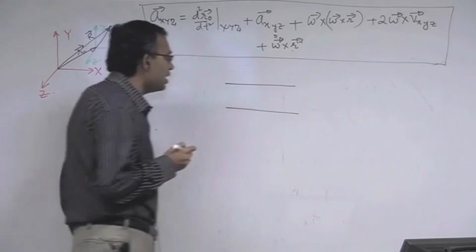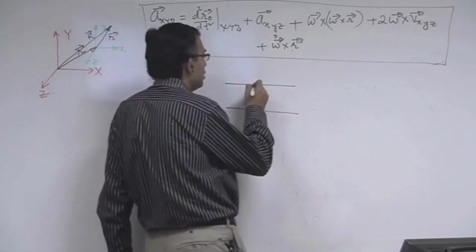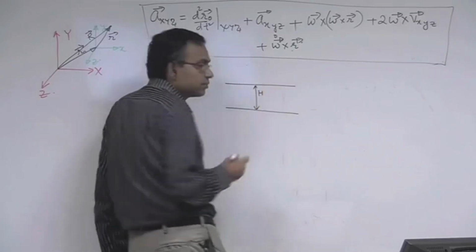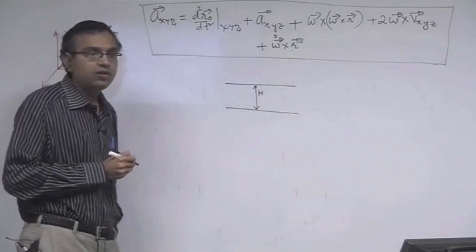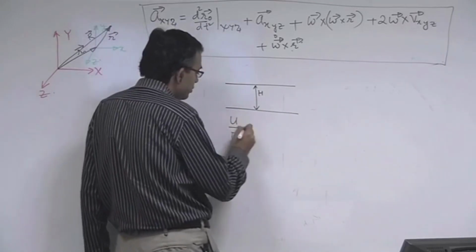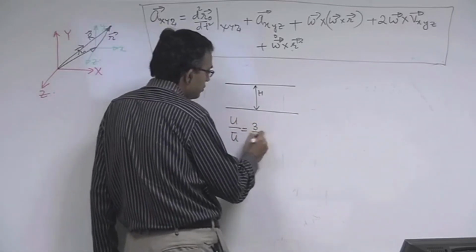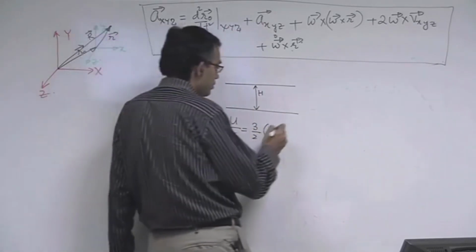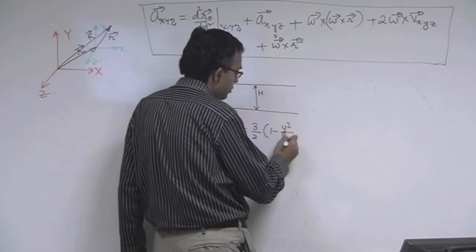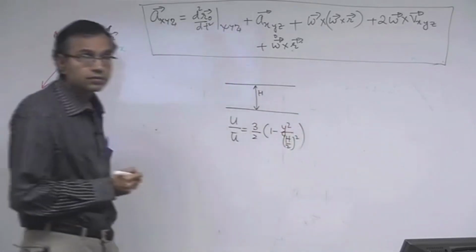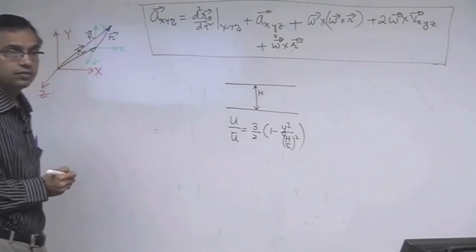So if there is a channel with height h, say a rectangular channel, then U by U average, right.